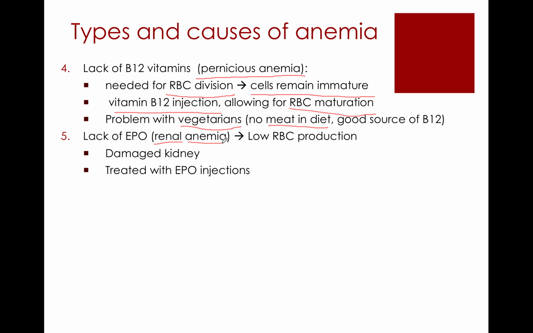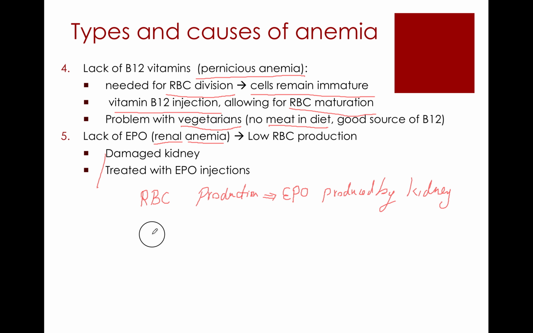So in your kidney, let me just bring a point to you guys before we explain this. RBC production actually relies on a hormone called erythropoietin, which we shorthand to EPO, that is produced by your kidney.